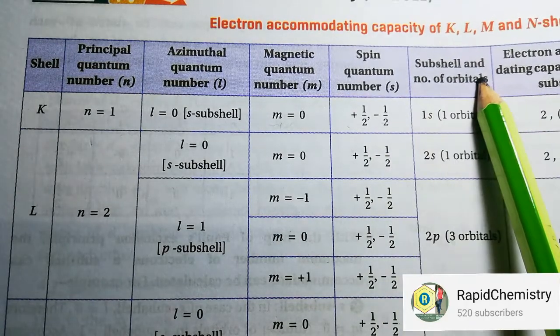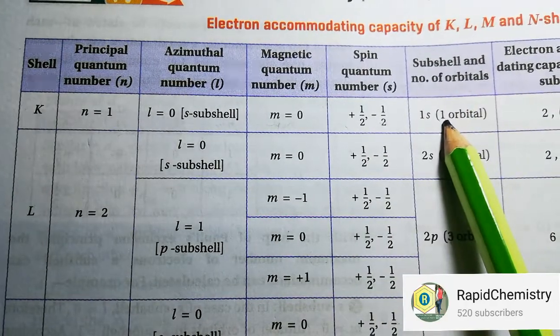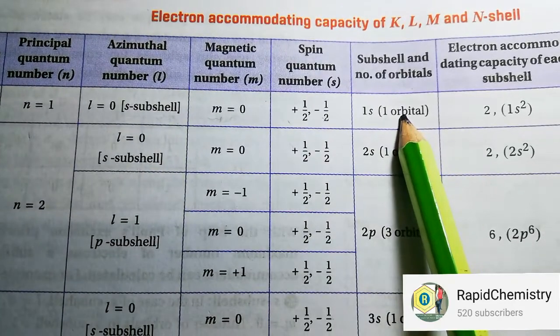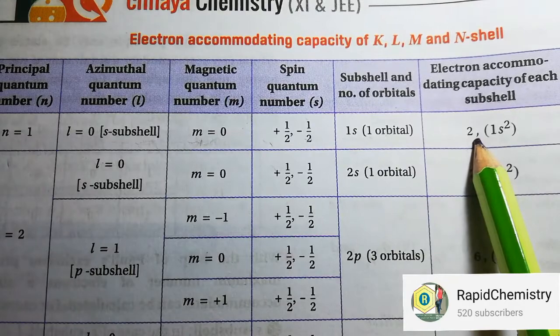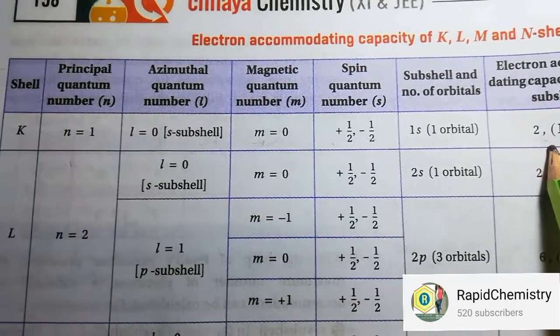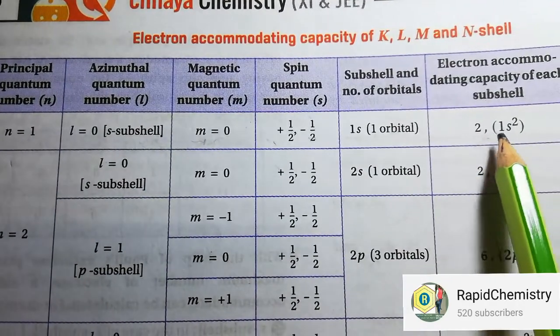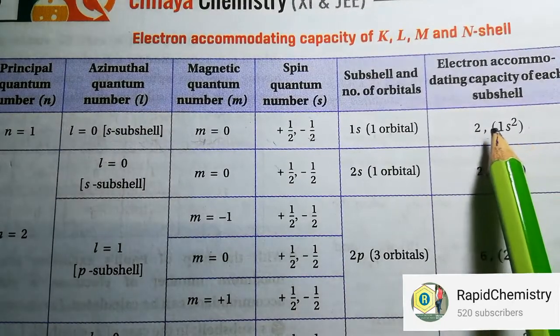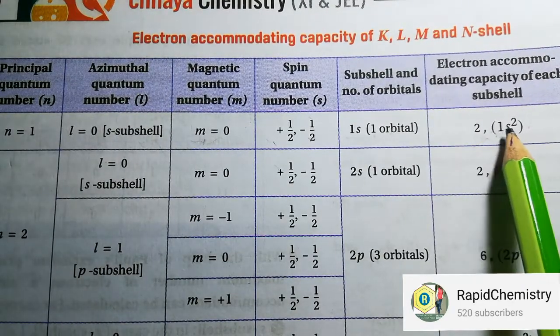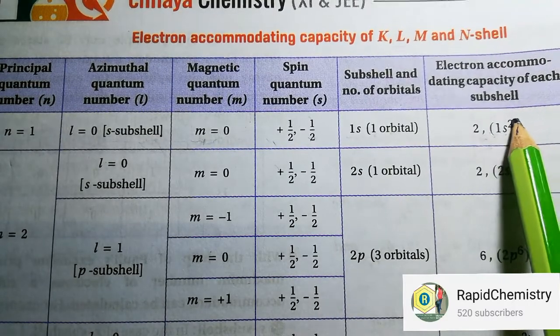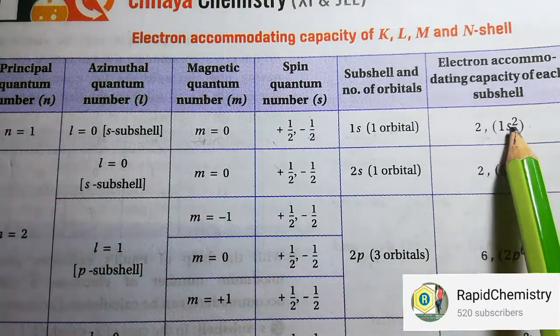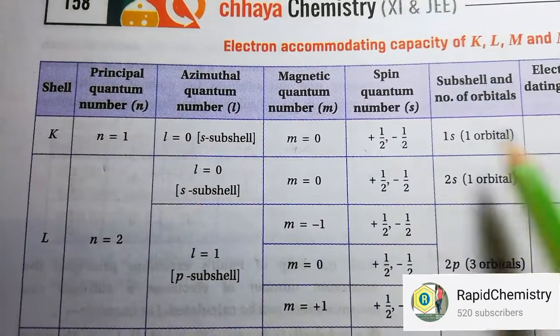That represents the subshell, and the subshell is 1s, and the number of electrons that can be there in the very first shell, the K shell, is 2. The electronic configuration is written like this: 1s². That means in the first shell, s is the subshell, and the number of electrons that can reside there is 2, and it is written 1s². Hopefully you got that line.